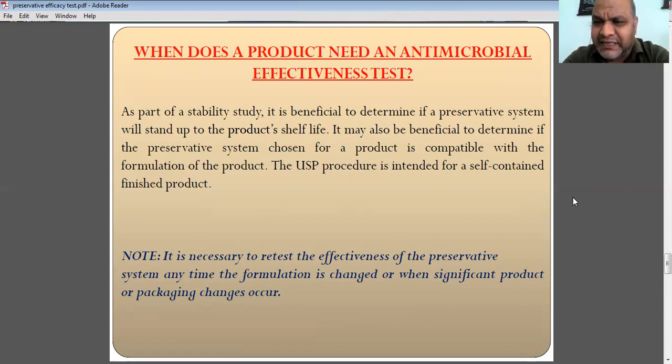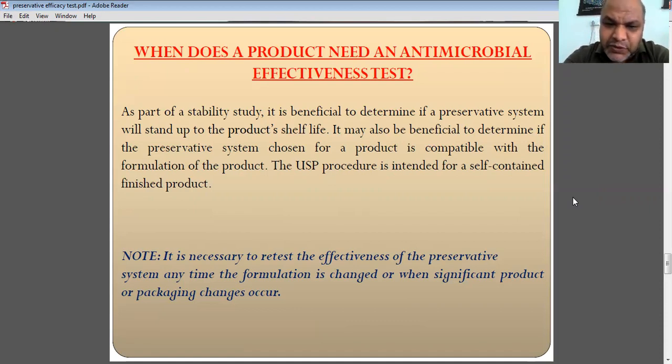So it depends totally on the type of preservative system that we are using, whether it is compatible with the ingredient that we are going to preserve, or non-compatible with the particular ingredient which acts as an antimicrobial or is an antimicrobial drug.